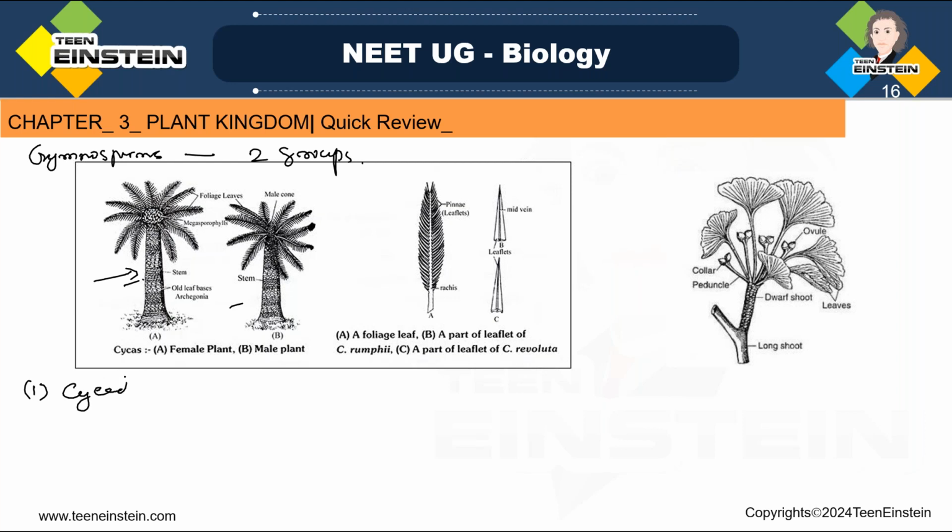Plants of Cycadophyta are megaphyllous or macrophyllous and have circinate venation. They also have the presence of ramenta, which we learned about, and the male gamete is motile in Cycadophyta.